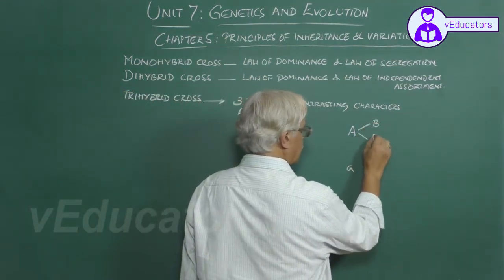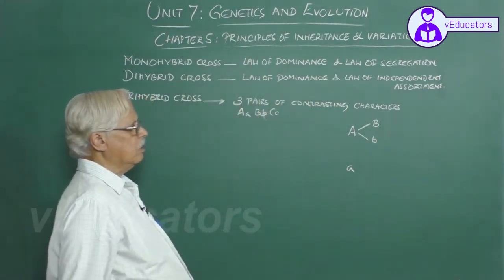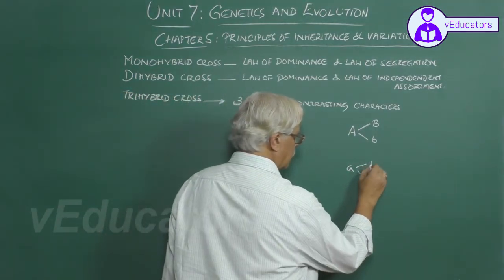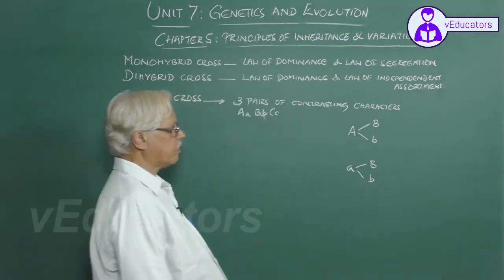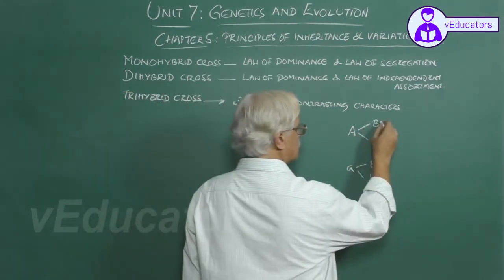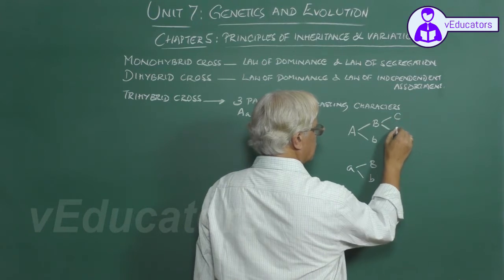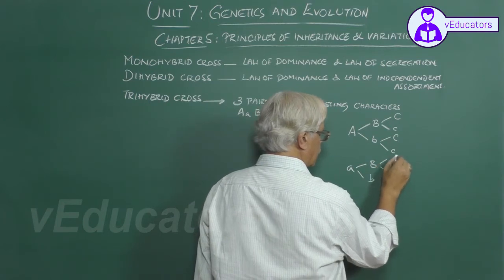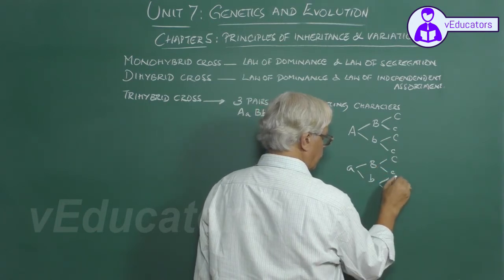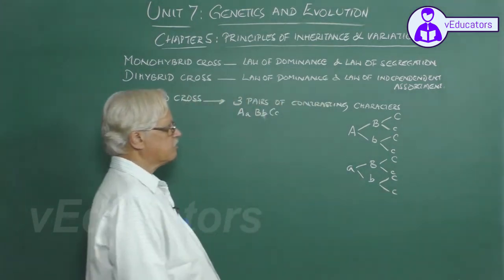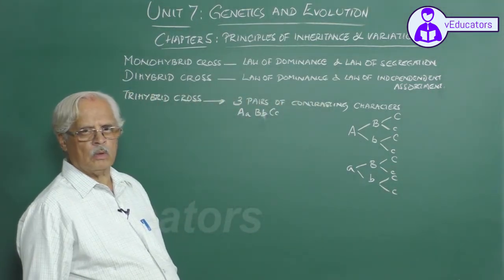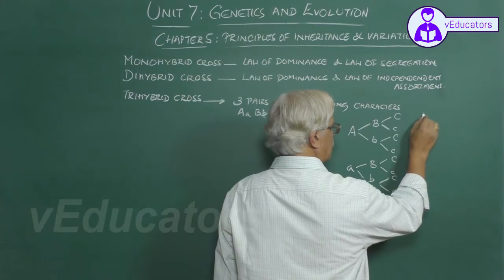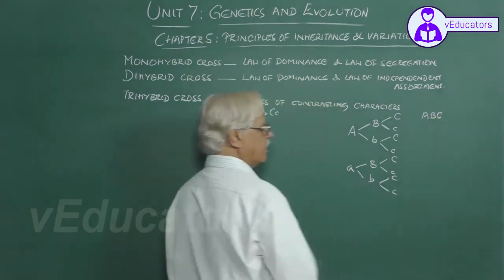For this, capital B, small b, and again capital B, small b, and for this capital C, small c, capital C, small c, capital C, small c, capital C, small c. So, these three, this will be one type of gamete.